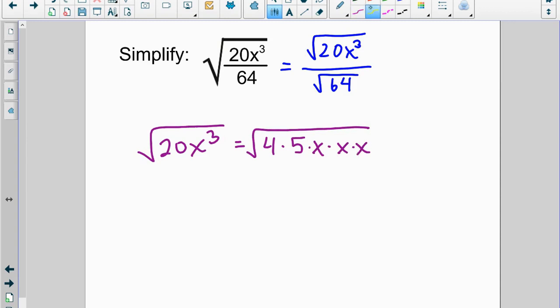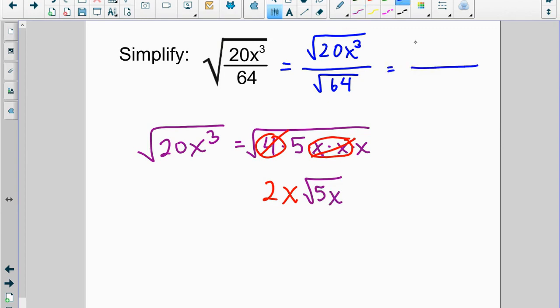So in terms of simplifying our perfect square factors, remember that if a number is a perfect square, it can be simplified. Or if there happen to be 2 of the same factor, that also represents a perfect square, which can be simplified out and placed in front of the radical. So the leftover parts were the 5 and the other x. So our numerator actually becomes 2x times the square root of 5x. That's how that's simplified out.